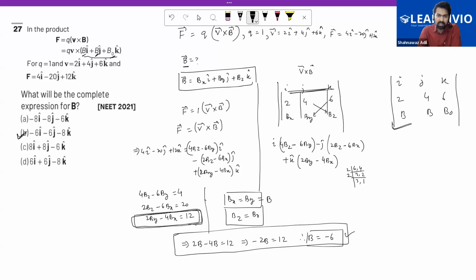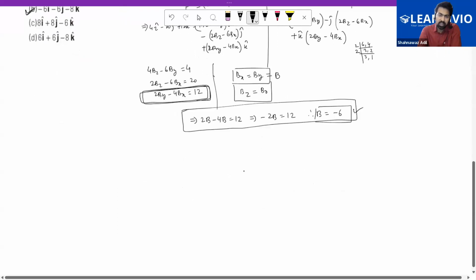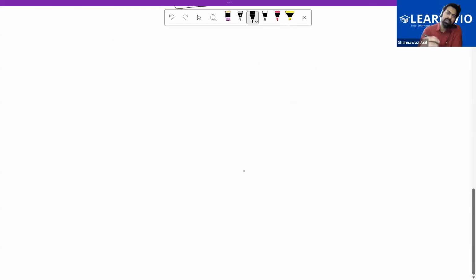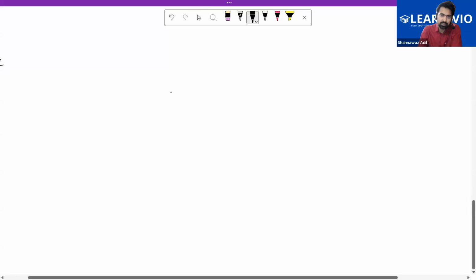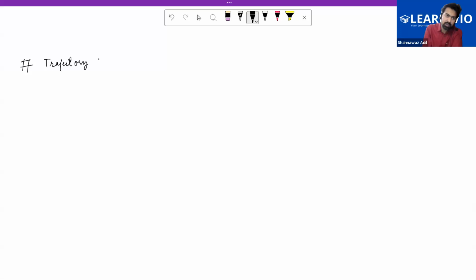Okay, good. So now let us understand the next topic, which is the magnetic force or the trajectory of a charged particle in the magnetic field.